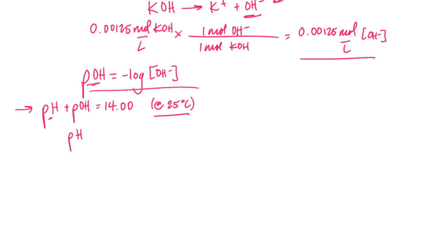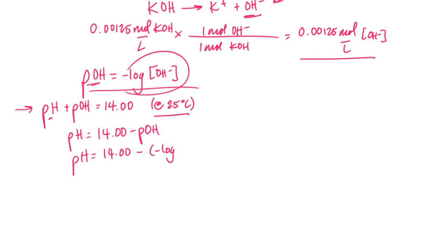So solving for pH here, that means that pH is equal to 14 minus the pOH. But the pOH is the negative log of the hydroxide ion concentration. So the pH is 14.00 minus the negative log of the hydroxide ion concentration.